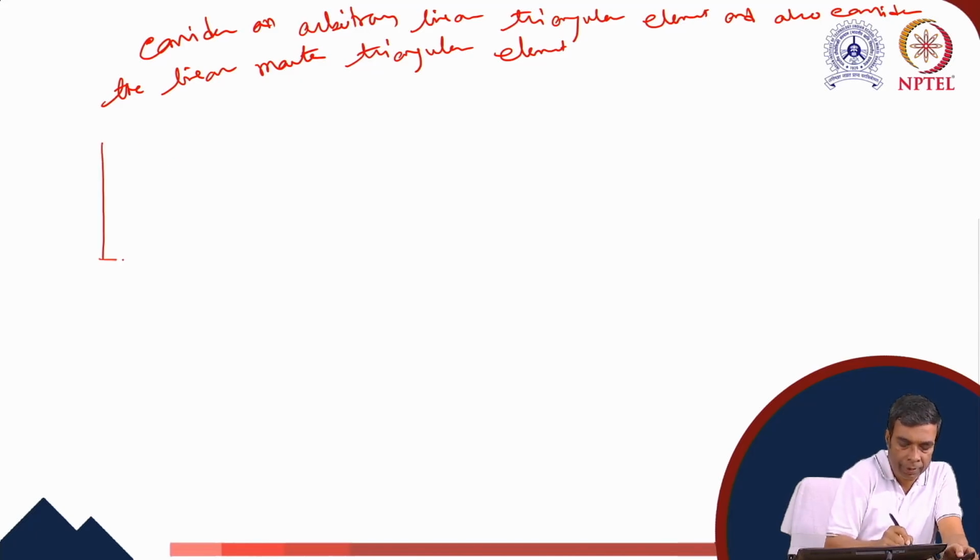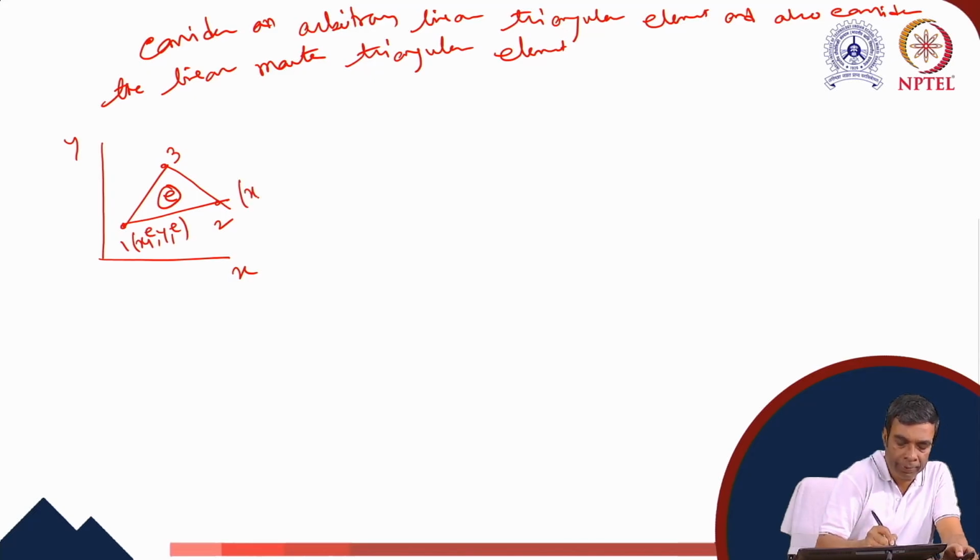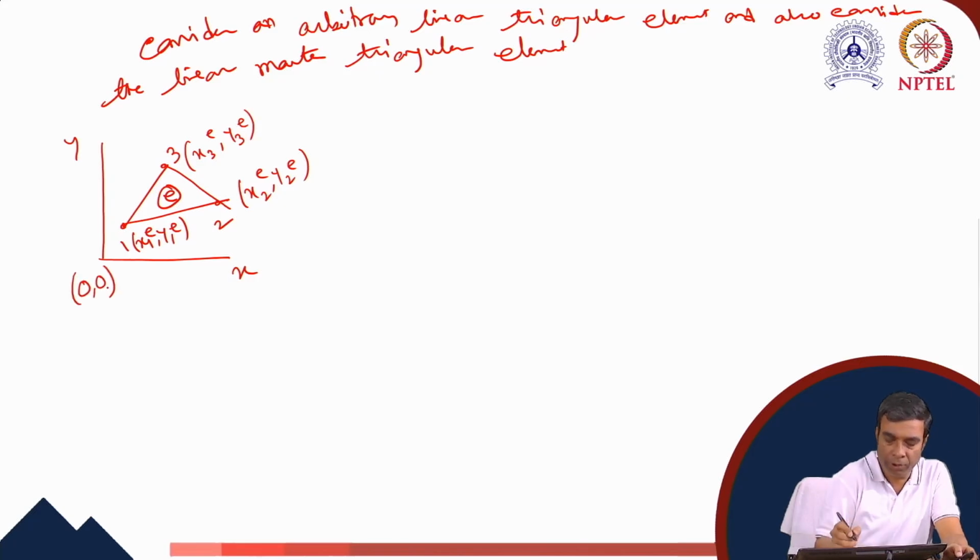In the global coordinates xy, we have an arbitrary shaped triangular element E, local nodes 1, 2, 3. Its actual coordinates are x1e, y1e, x2e, y2e, x3e, and y3e. This is the global origin 0, 0.